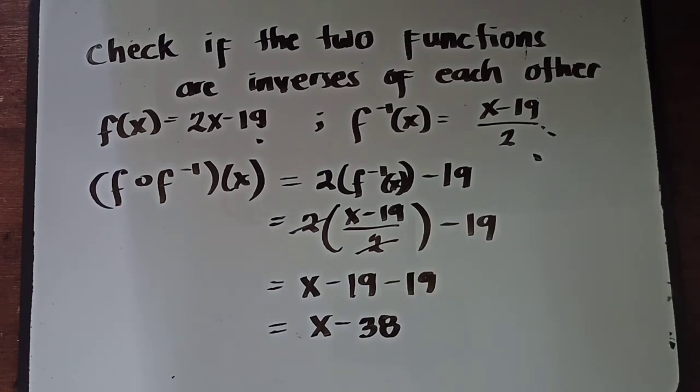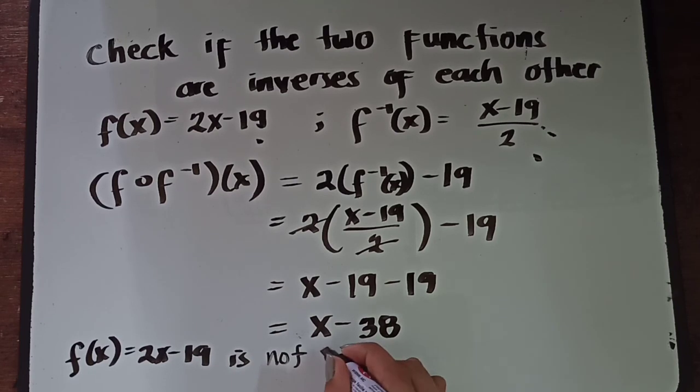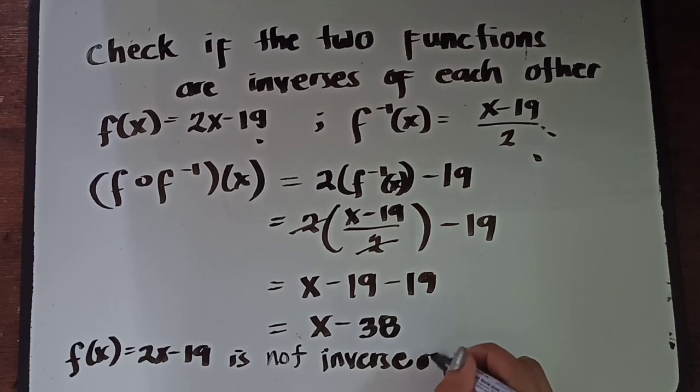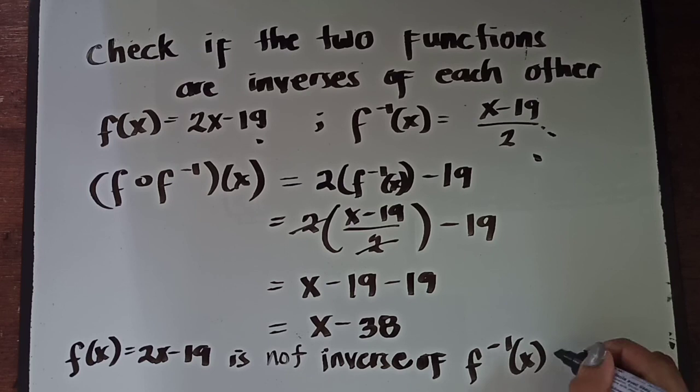Again, since hindi po x ang naging sagot, this only proves that f of x is equal to 2x minus 19 is not the inverse of f inverse of x is equal to x minus 19 over 2. Kasi po, hindi po naging x ang sagot.